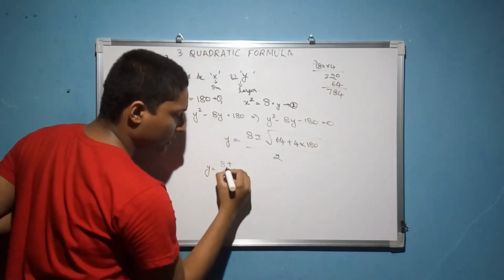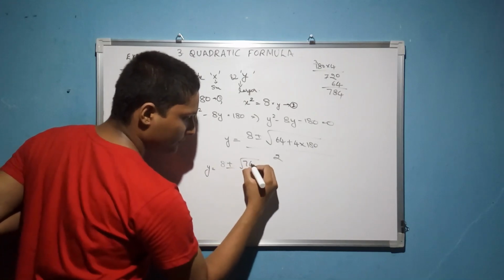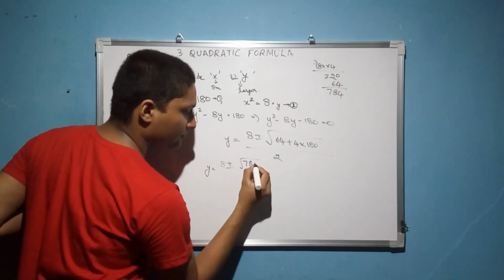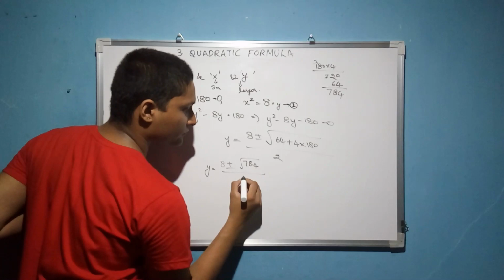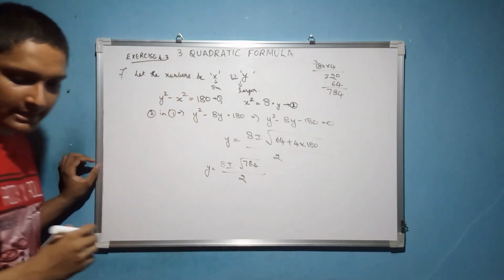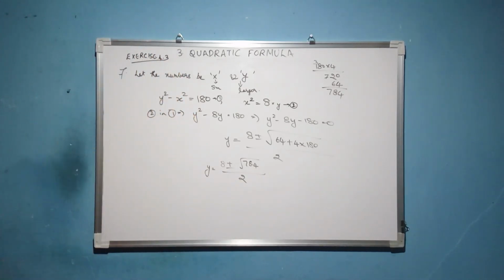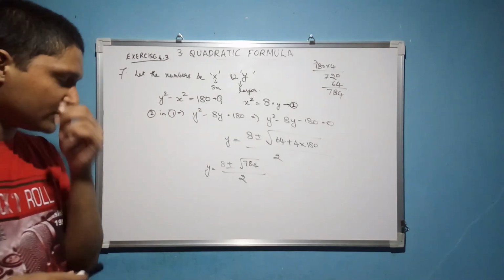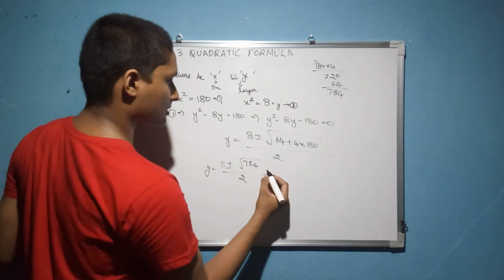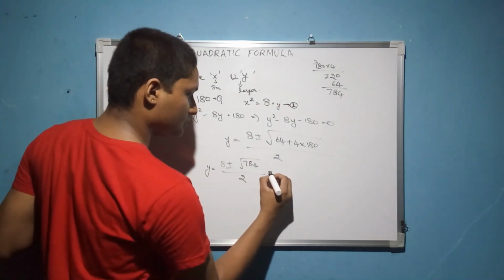So it is going to be 8 plus or minus root 784, divided by 2. First of all, we need to know the square root of 784, that it is going to be 18. No, it is not 18.